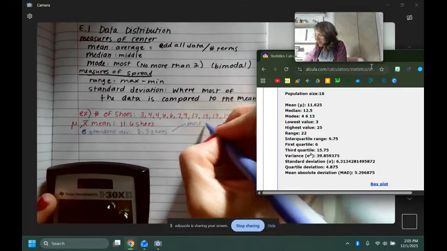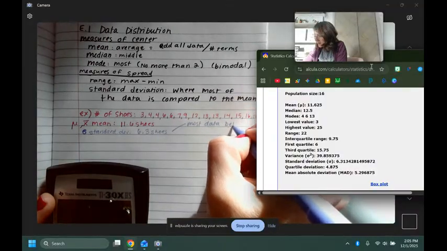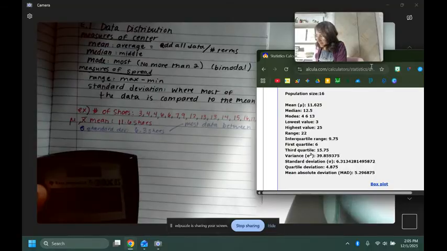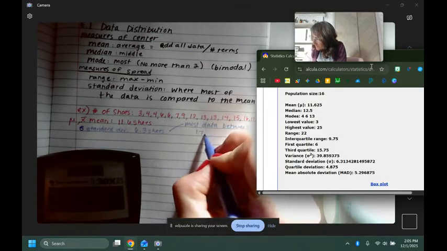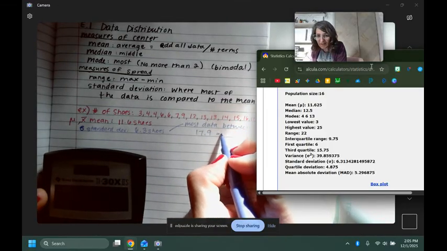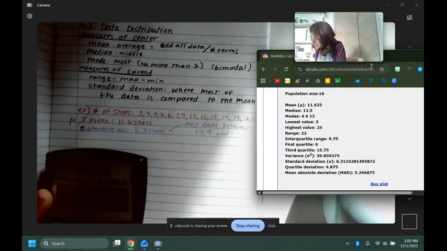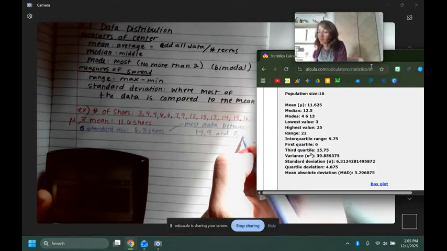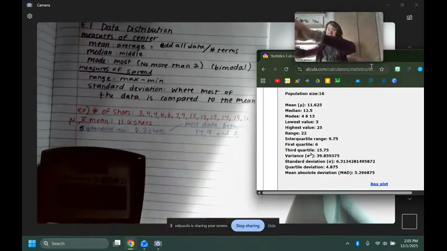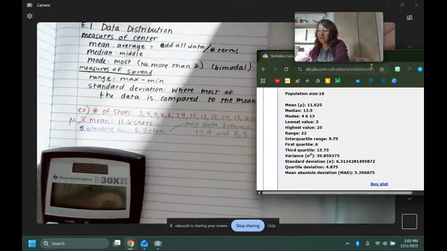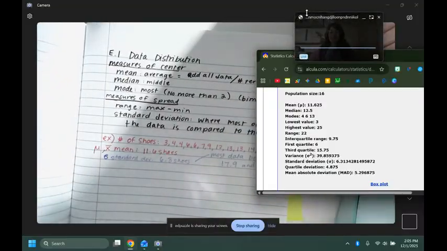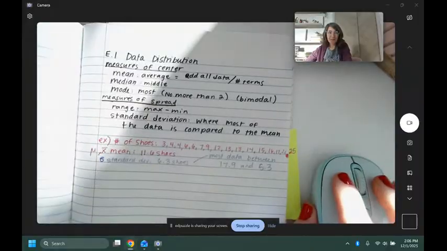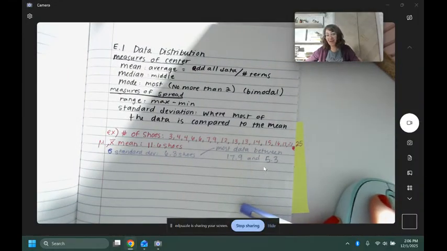This says most data is between 11.6 plus 6.3, so 17.9, and 11.6 minus 6.3, 5.3. Oh my gosh, it's sunshine. Hold on. I'm going to try to block the light. There we go. Bizarre. Okay. So this says that most people have between 17.9 and 5.3 shoes.